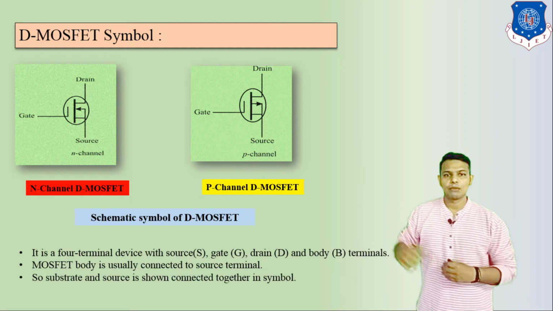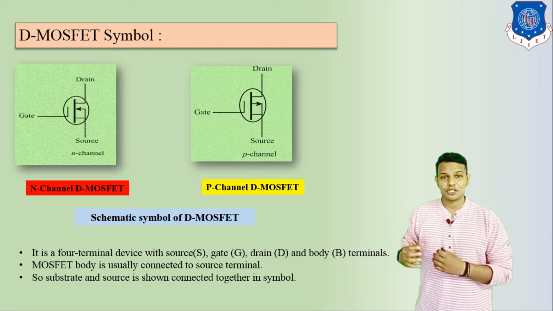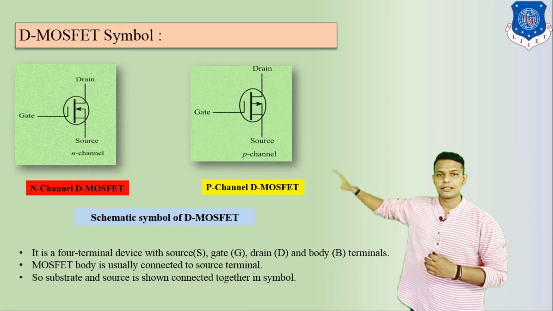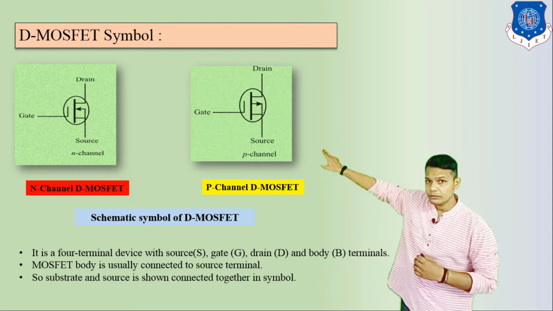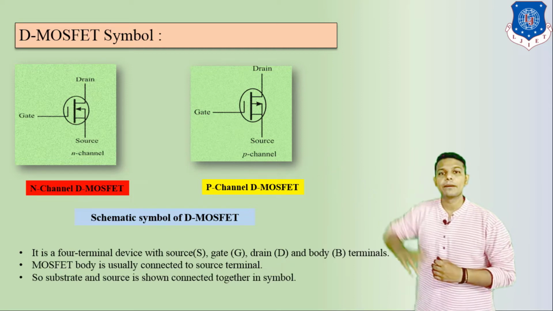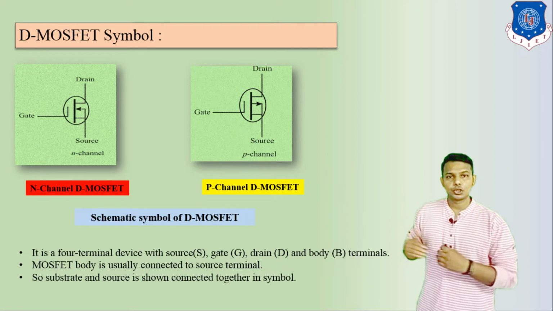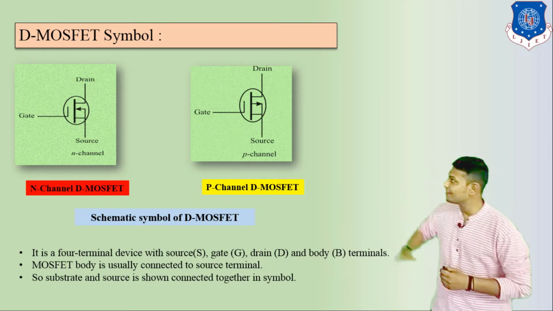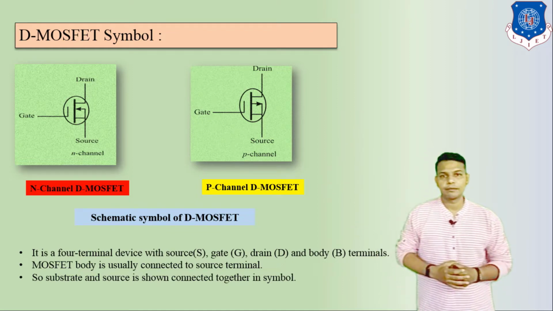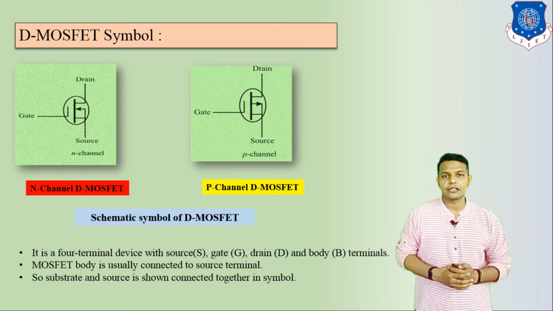The MOSFET body is usually connected to the source terminal, so substrate and source are shown connected together in the symbol. Here we can see the arrow line and source line connected at one point, because the substrate is connected to the source.